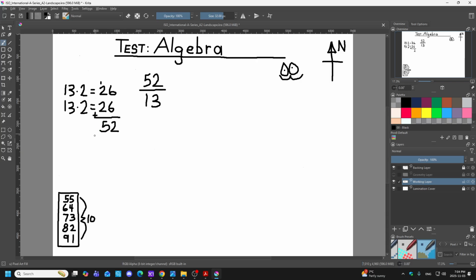That gives us our number 52 right here. So all we need to do is take these two numbers and add them together, and we will get 4. So this means 13 times 4 equals 52.